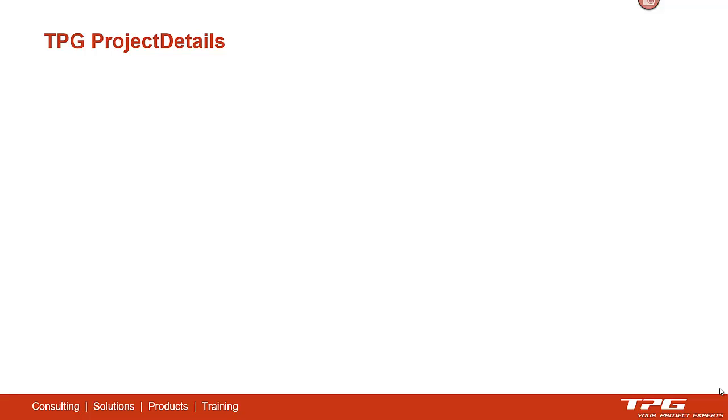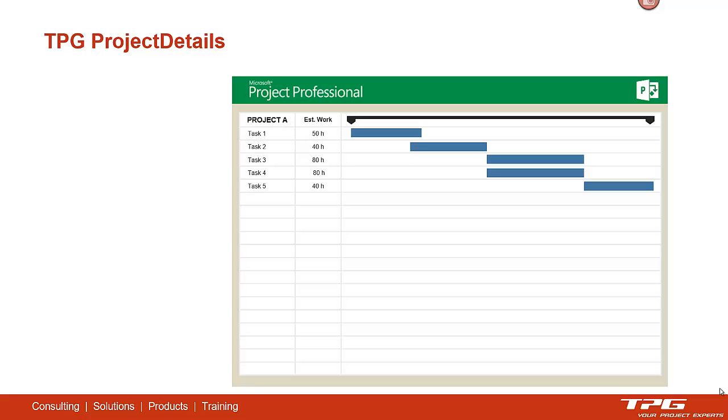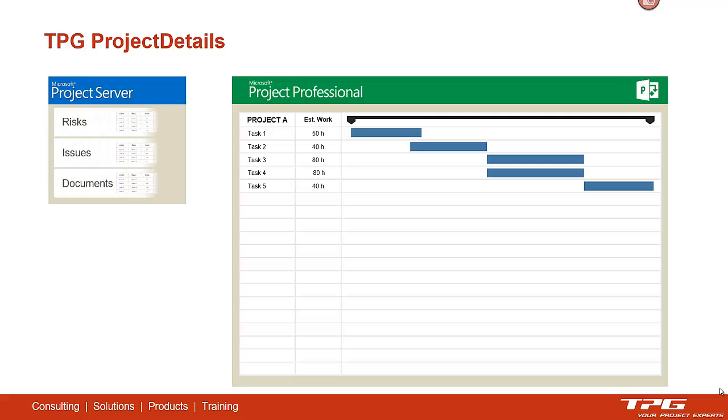With Project Details we can import things which belong to a project, which are necessary to know by the project manager without putting them directly into the project plan and doing things which Project Professional is not made for.